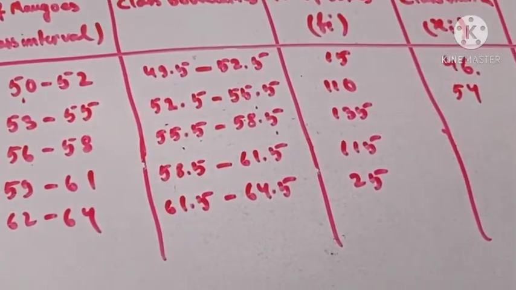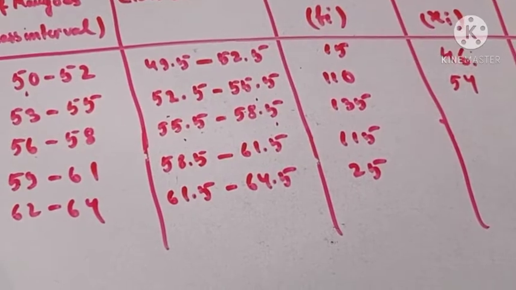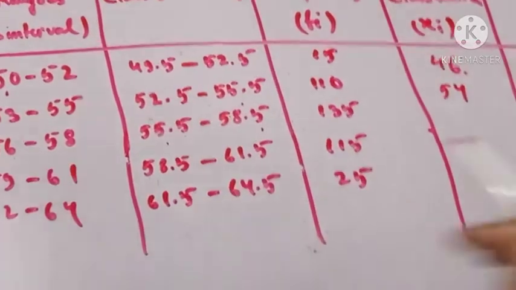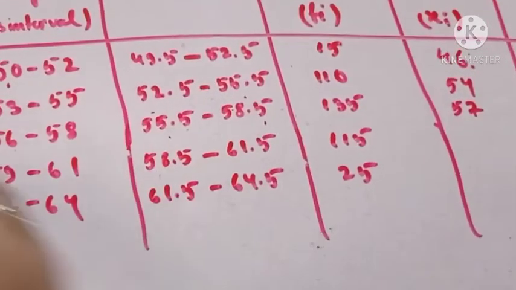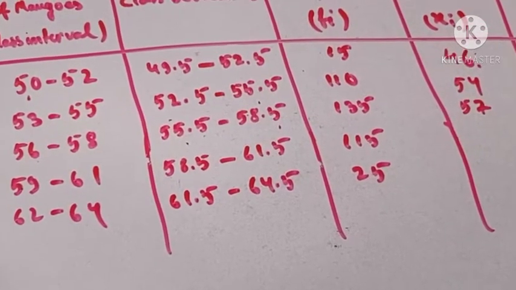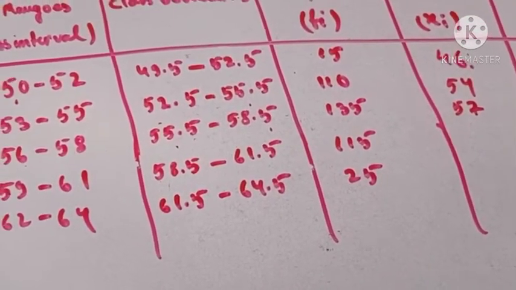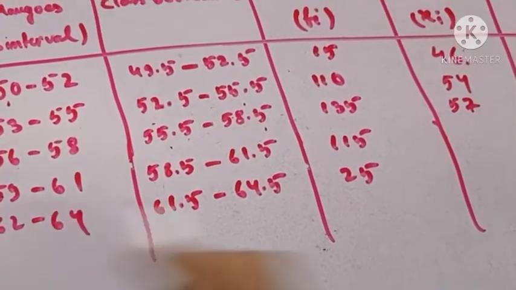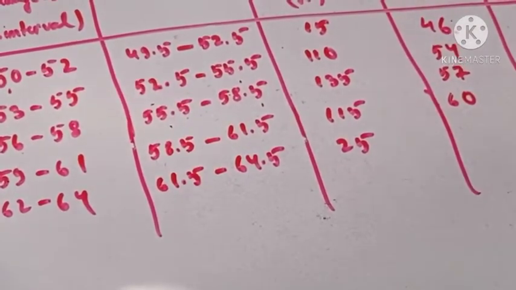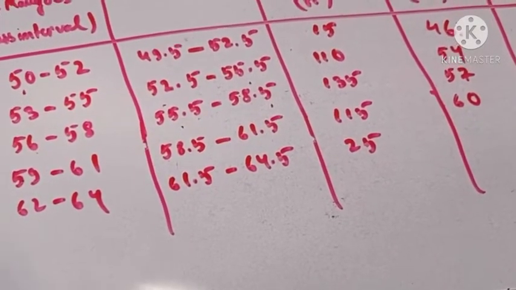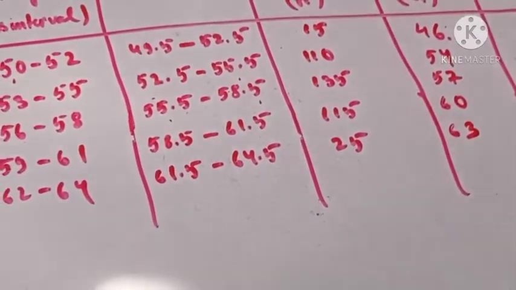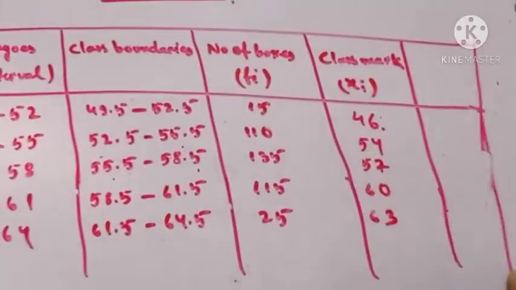Next, 55.5 plus 58.5 divided by 2, I will get 57. Next, 58.5 plus 61.5 divided by 2, I will get 60. Next, 61.5 plus 64.5 divided by 2, I will get 63. Finished.